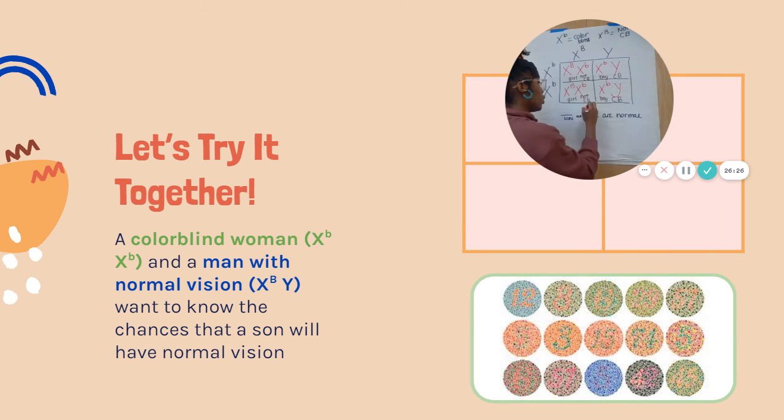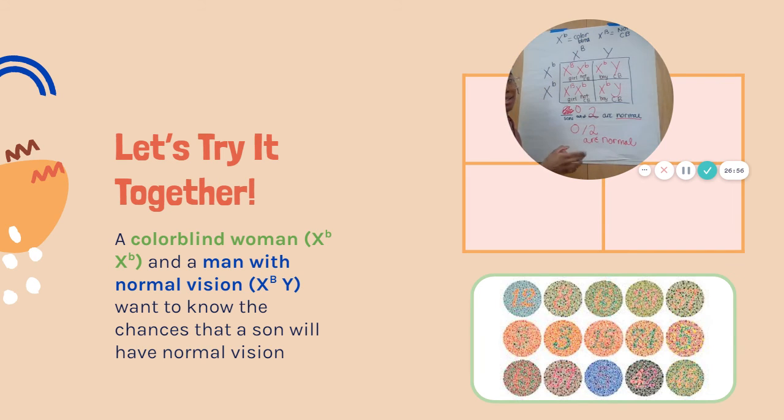So we have two boys total. How many of these boys are colorblind? 1 and 2. So 2 out of 2 sons. Oh, it's asking are normal. Sorry. How many of these are normal? None. 0. So 0 sons out of the 2 sons are normal.